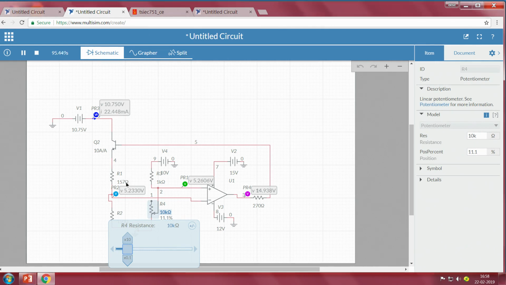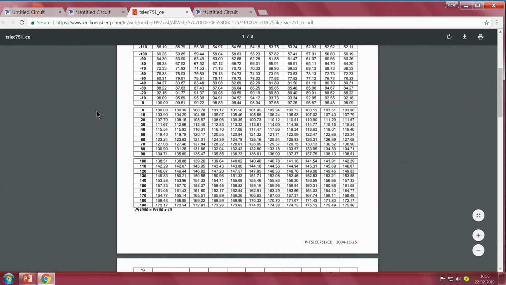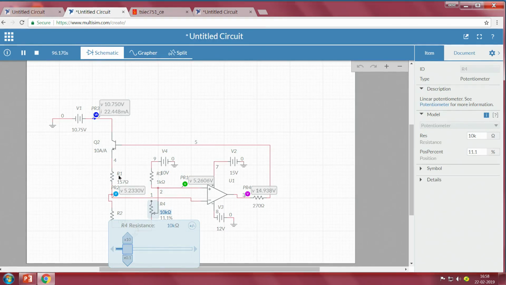And you can see here 157 ohm, because like I mentioned in the conversion table, ideally at 0 degrees Celsius it has to be 100. And what happens when the temperature increases? There is a different gradation, and hence we have considered this resistance here.